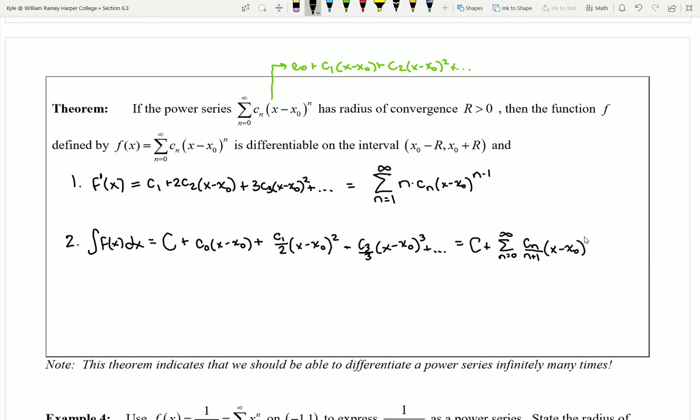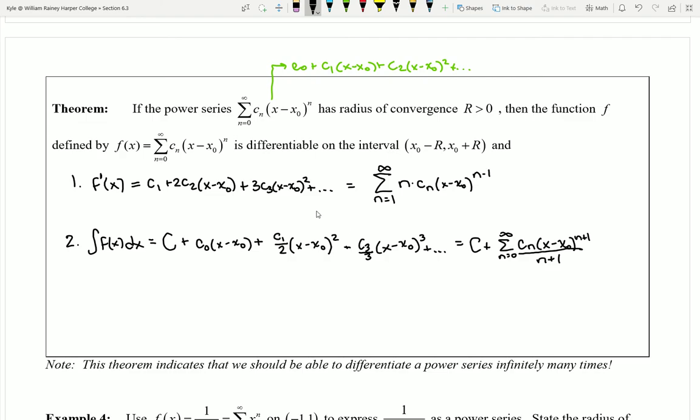So I'm raising my power by 1 and then dividing by my new power. Another way I could express this, and what you'll see me write more typically, is c sub n, x minus x naught to the n plus 1, with the whole thing divided by n plus 1.